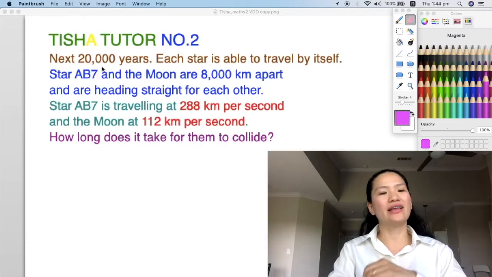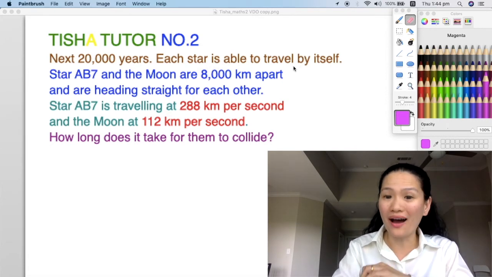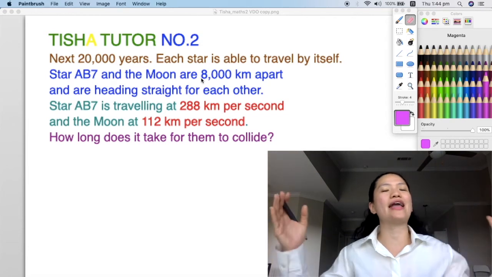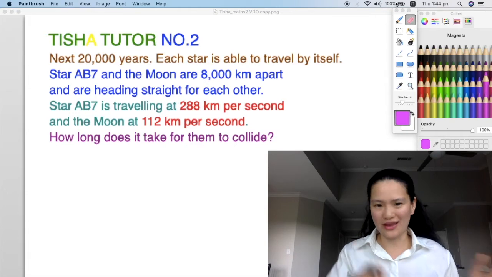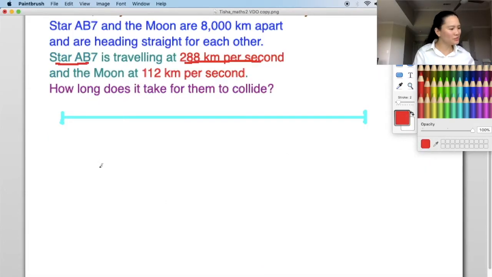Question number 2. In the next 20,000 years, if a star is able to travel by itself, star AB7 and the moon are 8,000 kilometers apart. Now you see you can draw the model. Read the question twice. Okay, let me write down star AB7. Maybe it's similar to this.